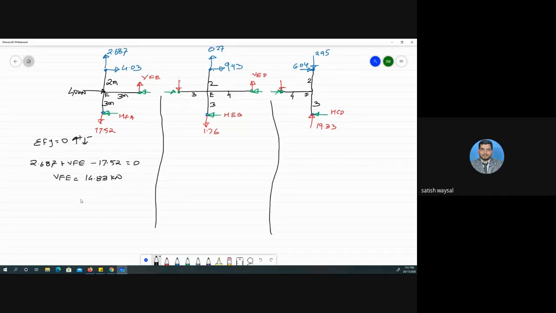Okay, good. Then we'll take moment at F is equal to 0. We're going to take moment at this F point. So what will be 0? This 40 will be 0. This 17.52 will be 0. VFE we have already determined, this is 14.83.